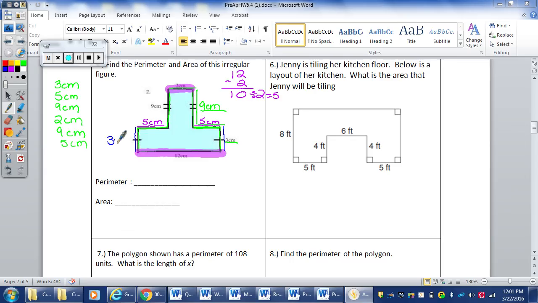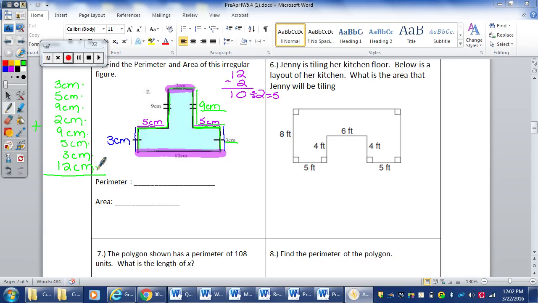That's 3. So let's put 3 centimeters. So then I add 3 centimeters plus 12 centimeters. And I check. If I said I have 8 sides, remember I'm checking to see that I have 8 numbers. So I count 1, 2, 3, 4, 5, 6, 7, 8.